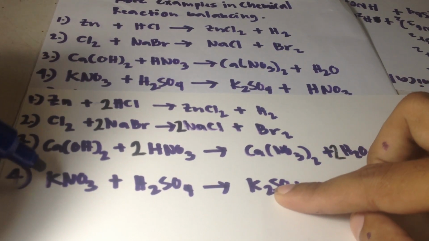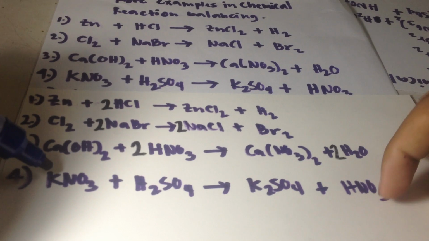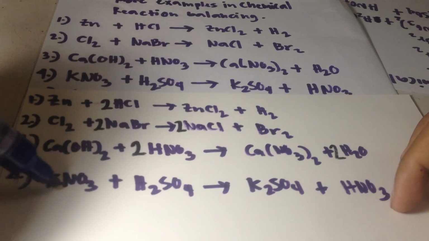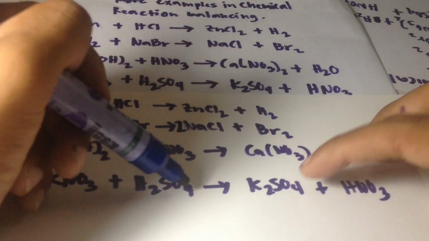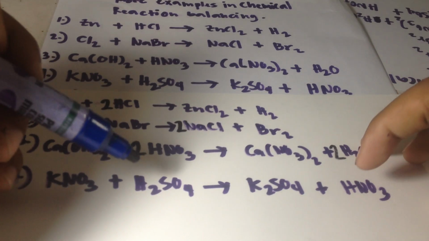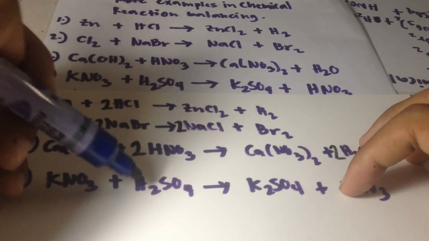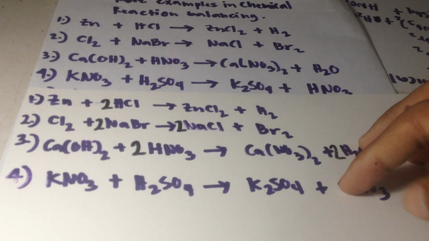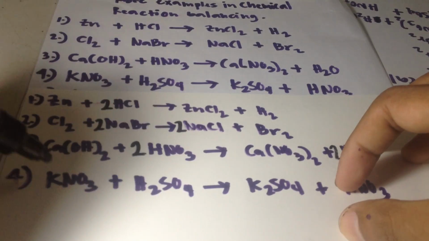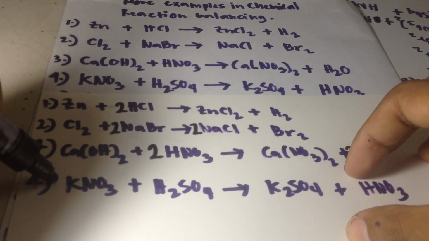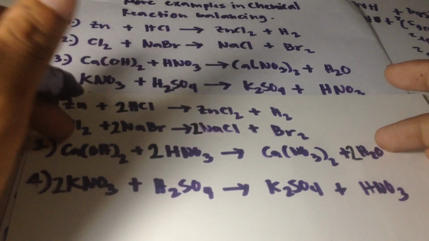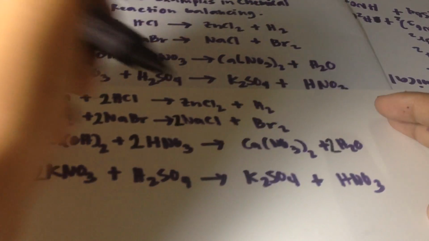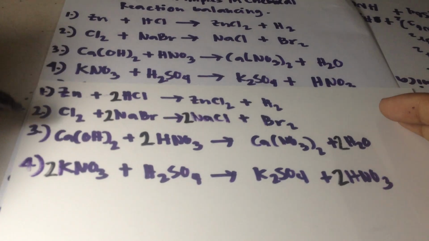Potassium has 2 here and potassium has 1 here. And nitrate is a complete compound. Nitrogen has 1, oxygen has 3, and oxygen 2 here is 4. And hydrogen has 1 and 2. So you need to balance the equation. So you multiply by 2 in potassium nitrate, and in nitric acid you put a 2 also. So it's completely balanced.